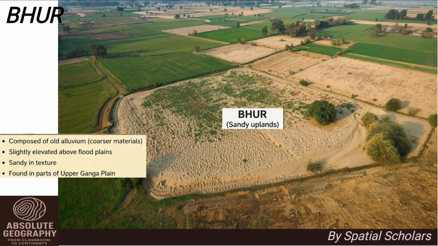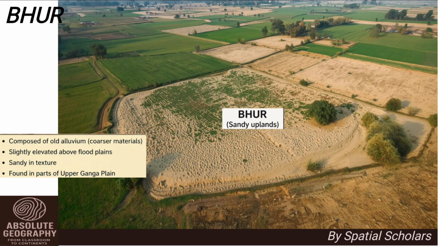These sandy deposits are largely wind-blown or aeolian in origin. That means the sand has been deposited through the action of wind, giving the soil a loose and porous texture. As a result, Bhur areas are less fertile and comparatively less suitable for intensive agriculture.